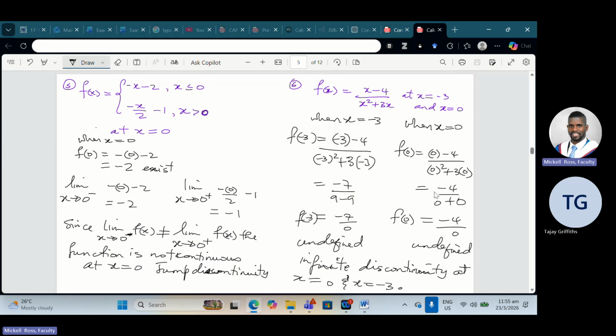It is both denominators. So one of the indicators we can use is when you have a number in the numerator and the denominator is 0. When you have 0 over 0, you can get a removable discontinuity there. But when it's a number over 0, then it is just an infinite discontinuity. So once it's a number over 0, you're going to have an infinite discontinuity.